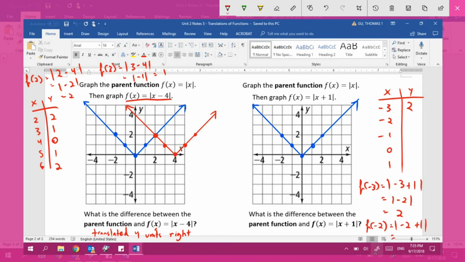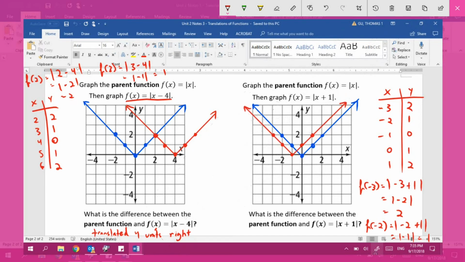Negative 2 plus 1 is negative 1. And the absolute value of negative 1 is just 1. And then if you work it out, f of negative 1 is going to be 0, f of 0 is going to be 1, and f of 1 is going to be 2. So let's plot these points. We got (-3, 2), (-2, 1), (-1, 0), (0, 1), and (1, 2).